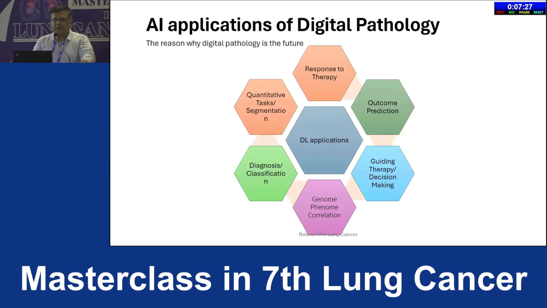So broadly, the AI or deep learning or ML-based applications, we divide into these kinds of broad categories that are readily available to us. All of these methods are generally focused on what we call discriminative AI, where we try to dissect the tumor images into, okay, this is an EGFR mutant image, this is an EGFR wild type image, or this is a resistant image, or a sensitive image to a particular kind of therapy.